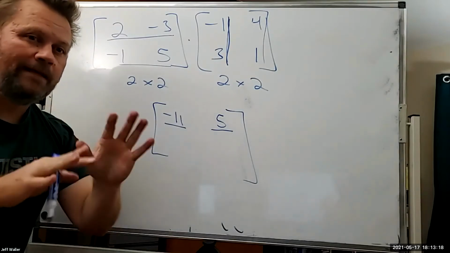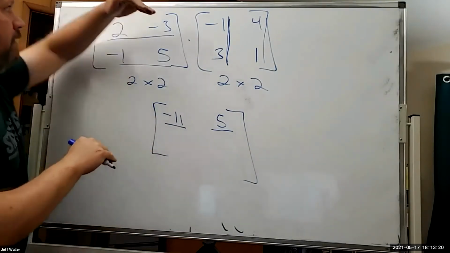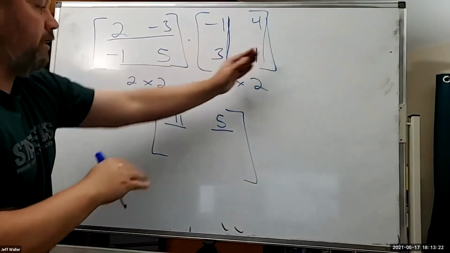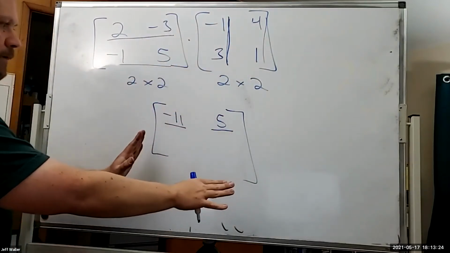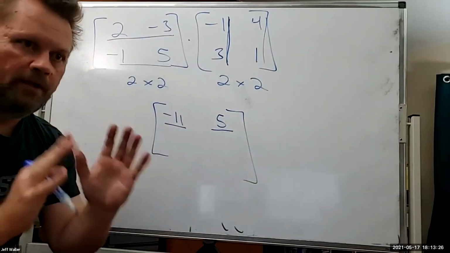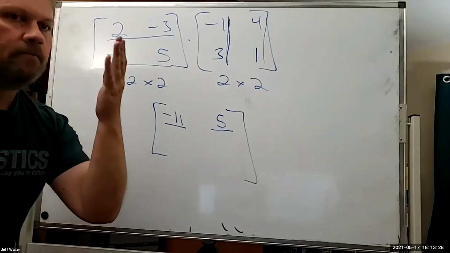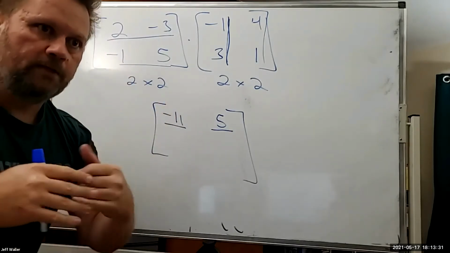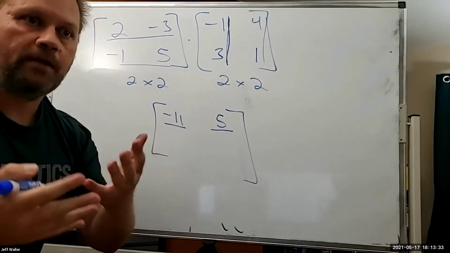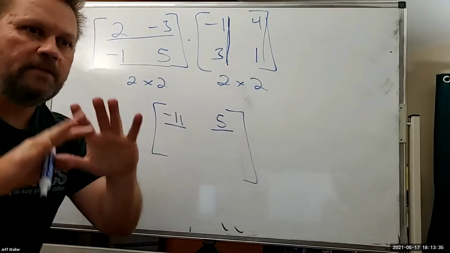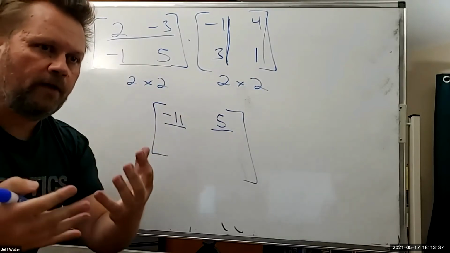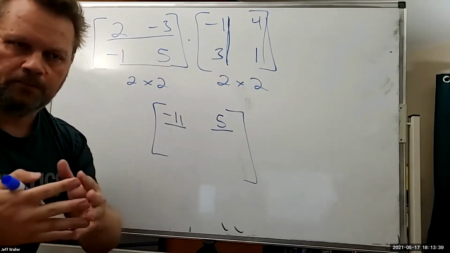So I'm collecting all the possible dot products of the vectors here and the vectors there, in an organized way. Now, believe it or not, when you do more with matrices, it goes beyond just looking at them as these vectors. But this is the basis for how we define matrix multiplication.